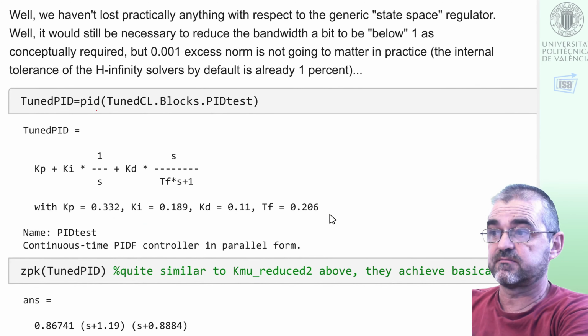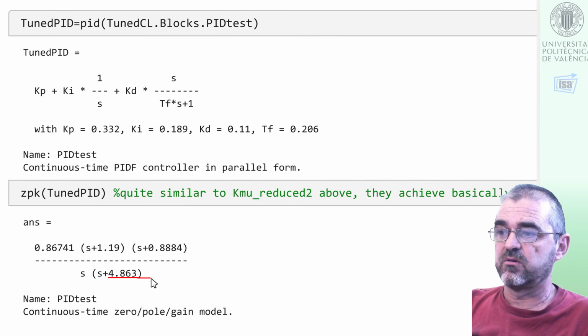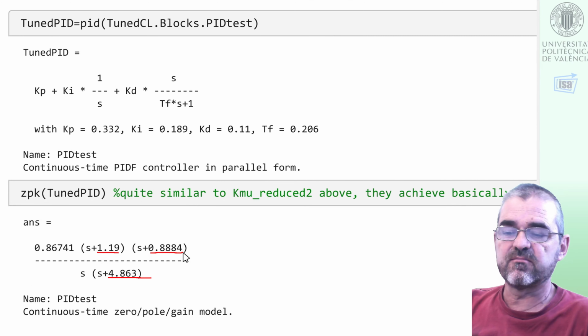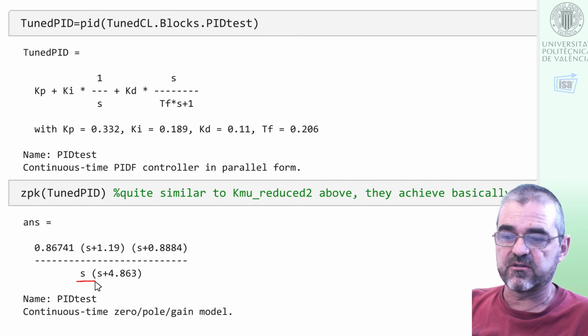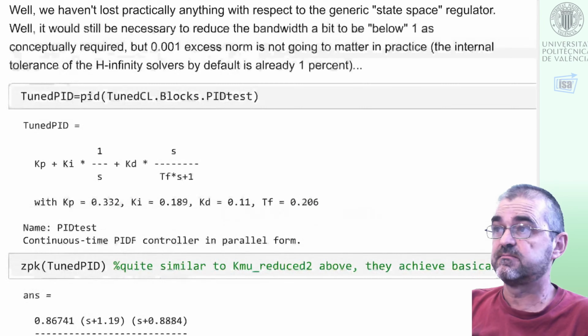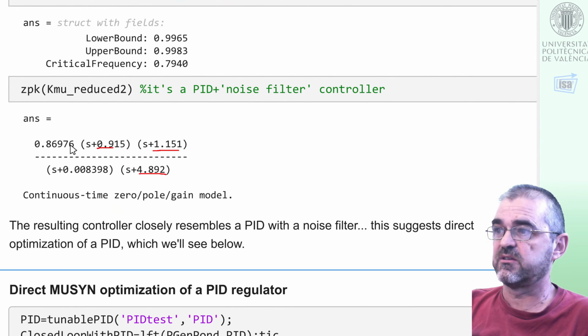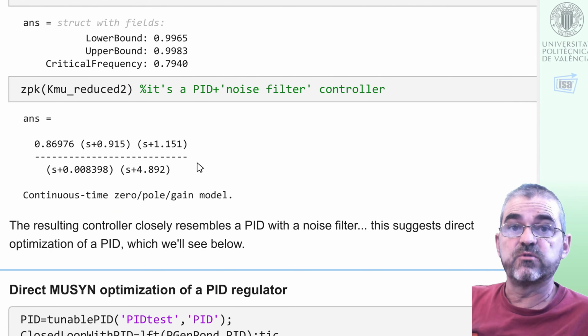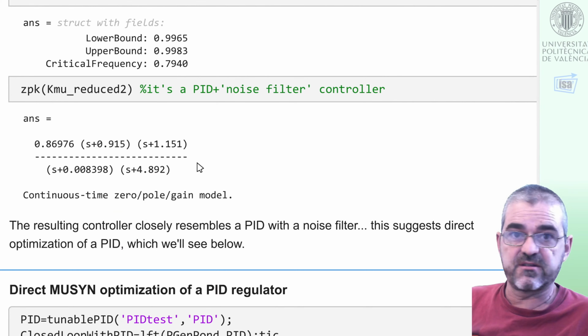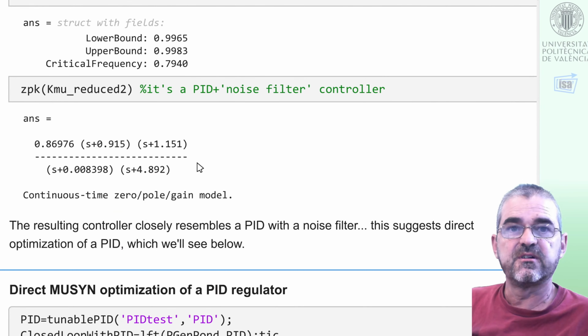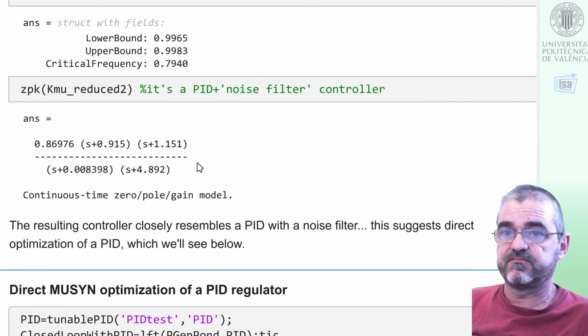And in fact, if you see the PID pole 4.9 and the PID zeros 1.2 and 0.9, and of course the integrator, this transfer function is very similar. 0.9, 1 point something, 4.9, it's quite similar to the result of our new synthesis, reduced order, balance, freqsep, etc.